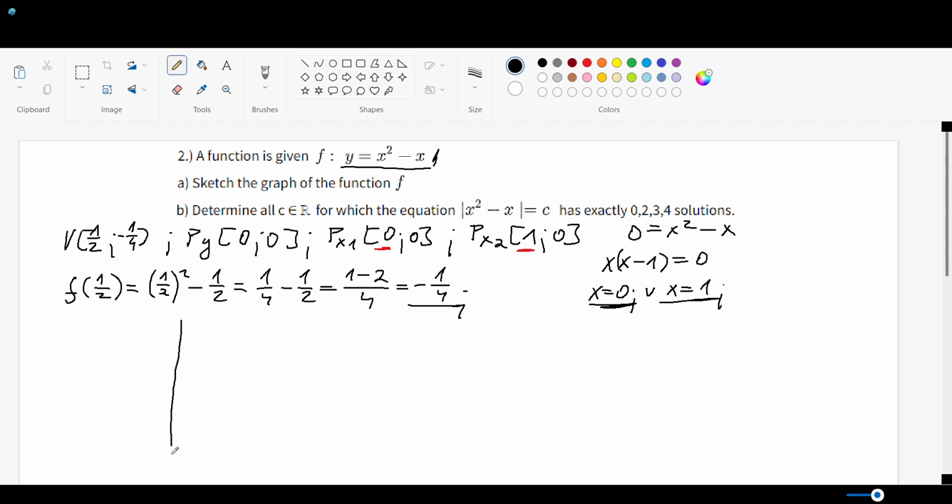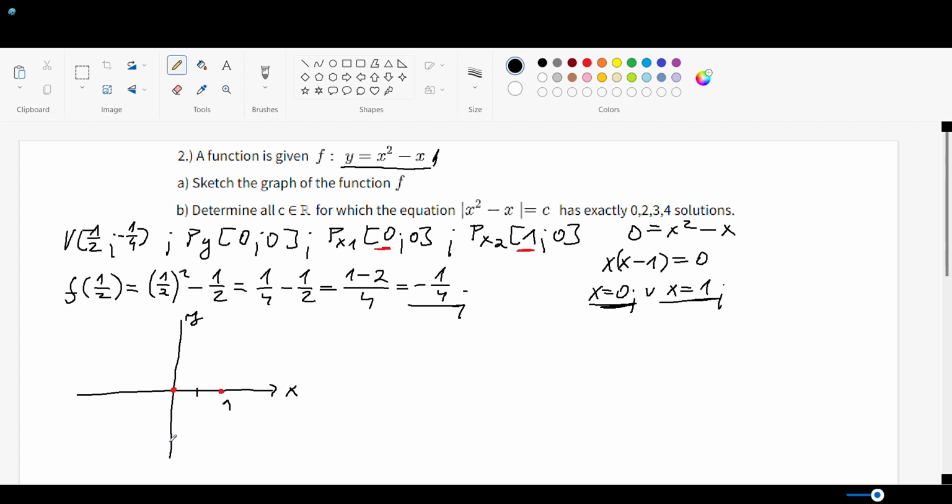Let me do it. So these are the x and y coordinates, very simple. Let me use the red color. This is the intercept with the y and the x-axis, one of them. The second one is here, which basically means that this is number 1 on the x-axis, and the coordinates of the vertex are 1/2, which is somewhere here.